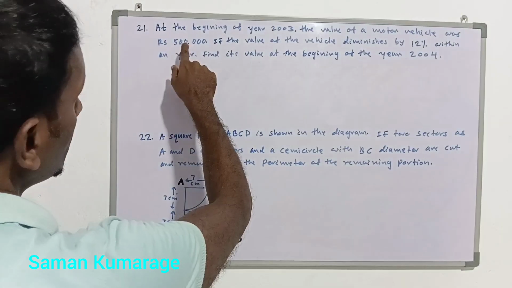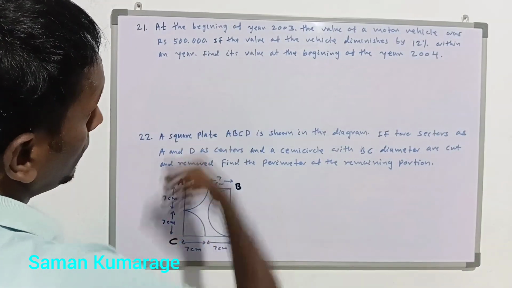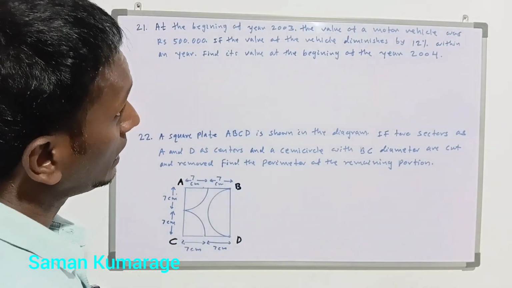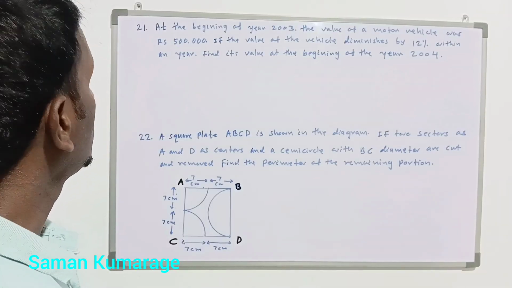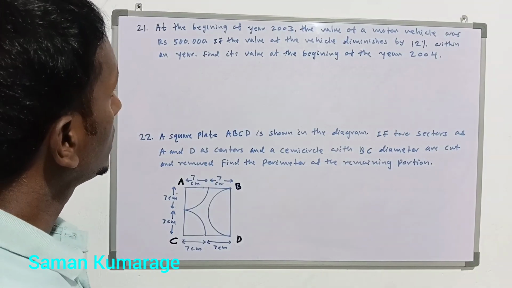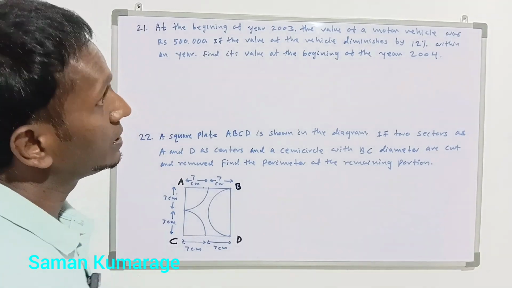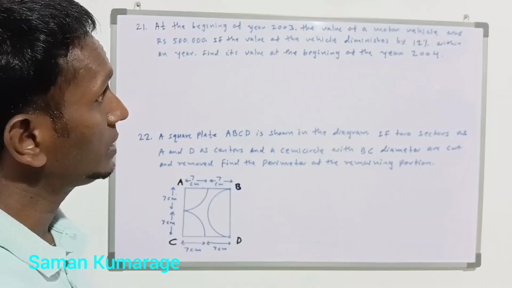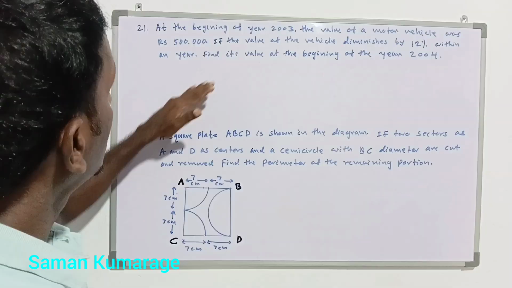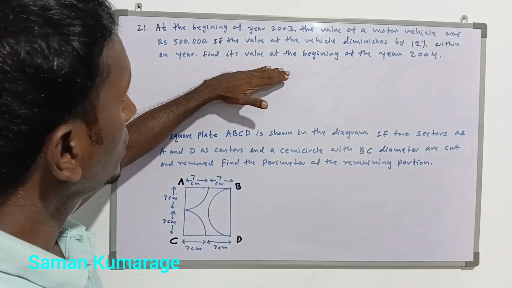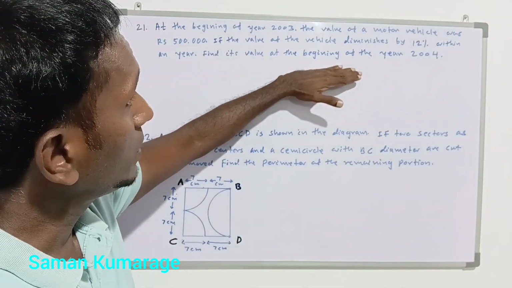Again, they are saying the value of a vehicle was 500,000 rupees, and if it decreases by 12%, they are asking to find the value at the beginning of year 2004.